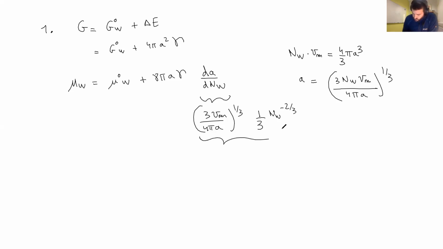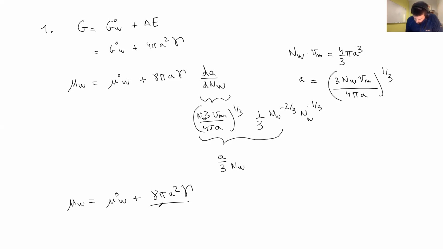And I can just transform that by multiplying by n_water to the 1/3 and dividing by n_water to the 1/3. So it comes back to A over 3 divided by n_water. All right, so the chemical potential of water in the droplet is the pure one plus a correction, which is 8 pi A squared gamma over 3 number of water molecules.